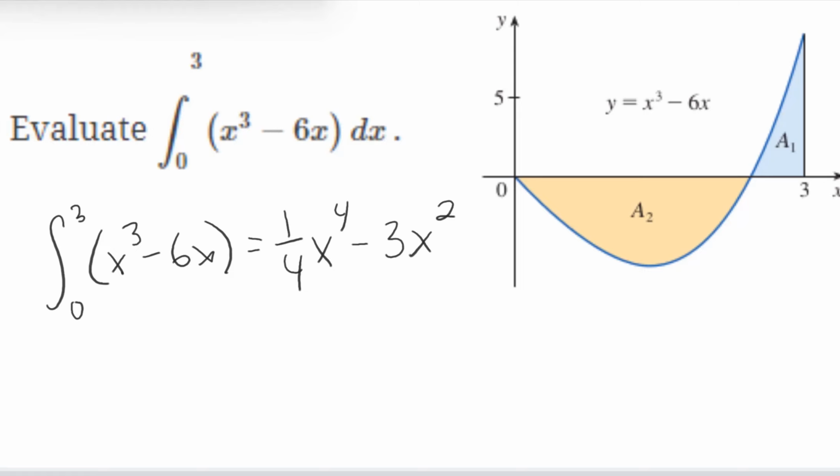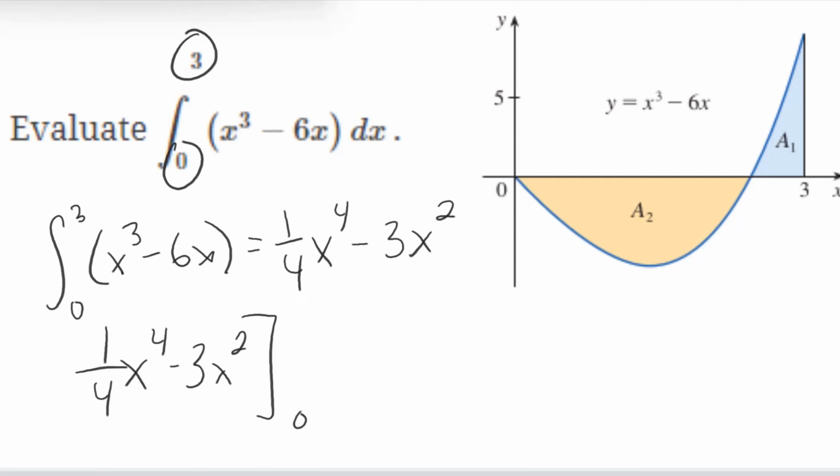All right, so we're looking at this from 0 to 3. When we're doing this, what you end up writing is like this, and we're evaluating it from 0 to 3. You plug each one in, you're subtracting the small one from the big one.